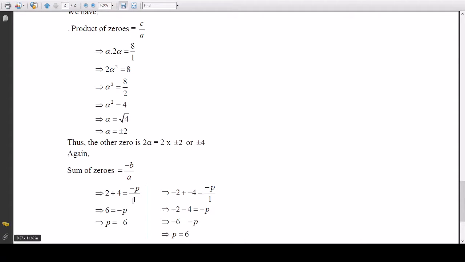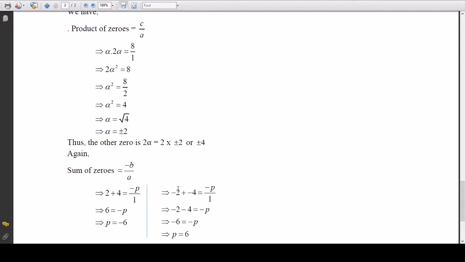On the left side we'll consider the plus sign, on the other side we'll consider the minus sign. Now sum of zeros, that means 2 plus 4 is equal to minus b by a. That means minus b by 1. 2 plus 4 is 6 equal to minus b, or b equals minus 6.